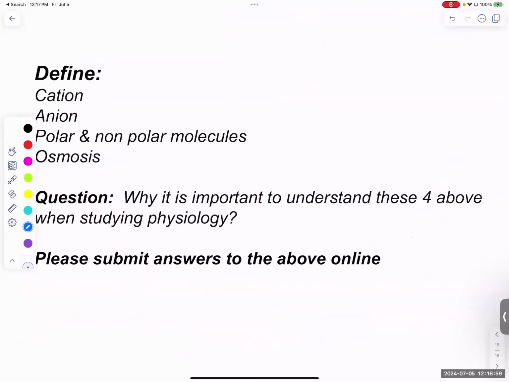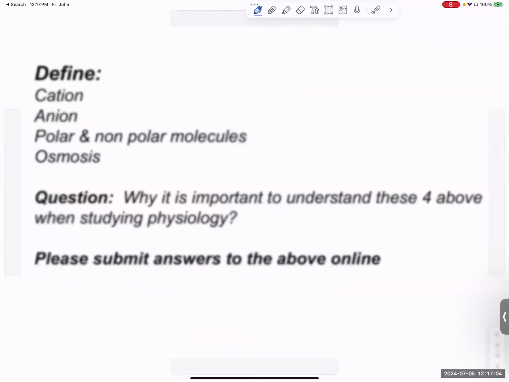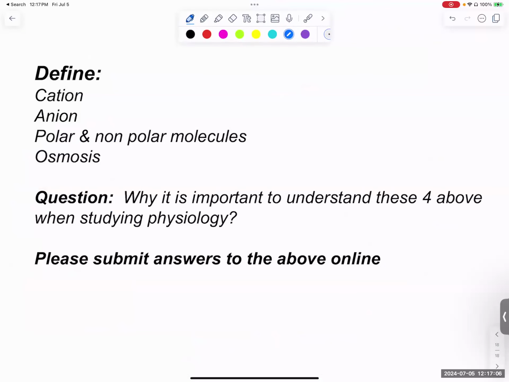One last slide. I want you to write down the definition of a cation, anion, polar, and nonpolar molecules. Give an example of each and bring it to class.